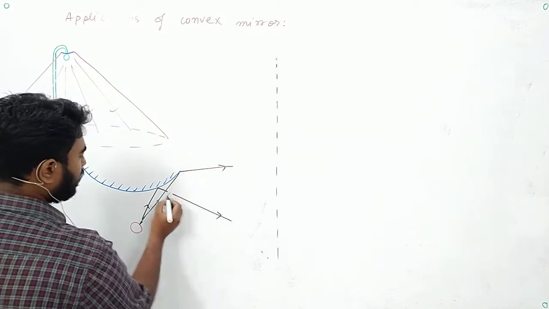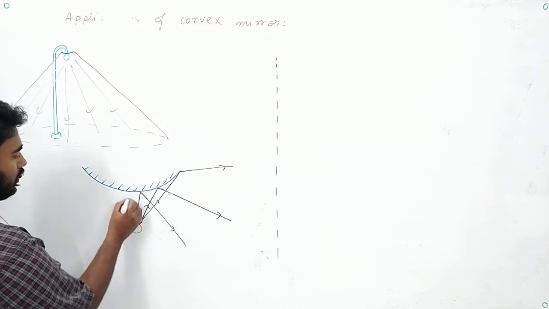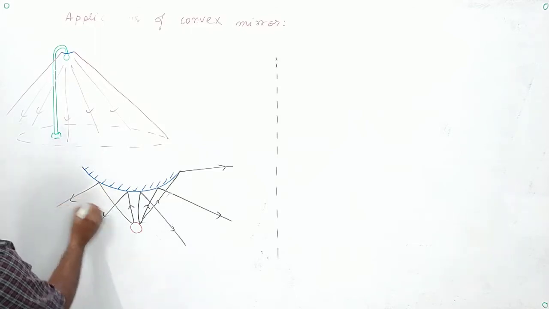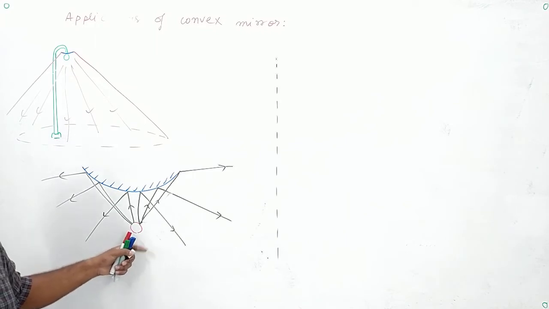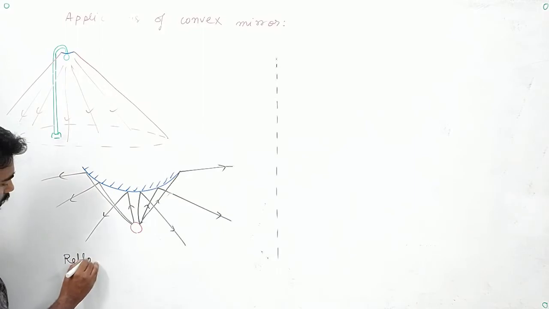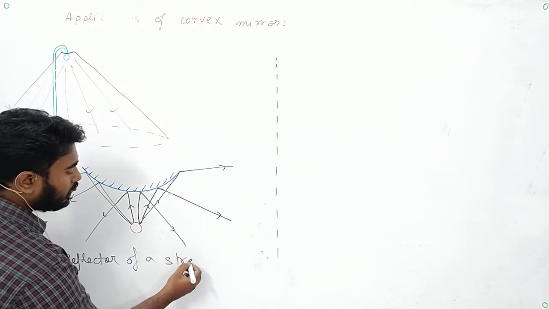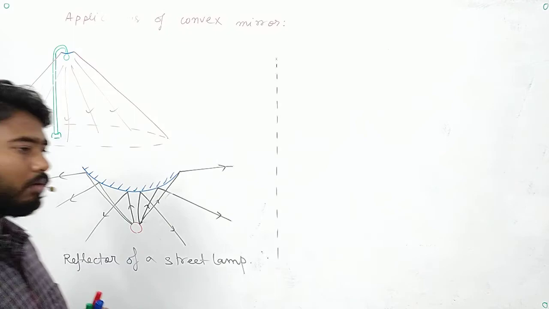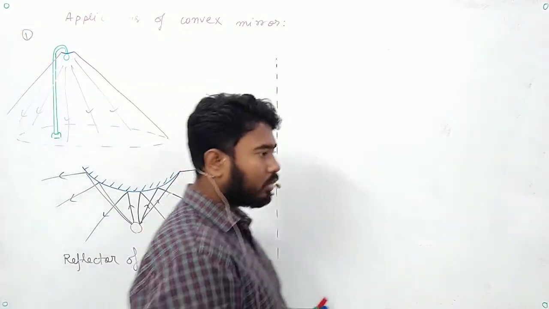So we can use a convex reflecting surface in the reflector of a street lamp. Now this is one use of convex mirror.